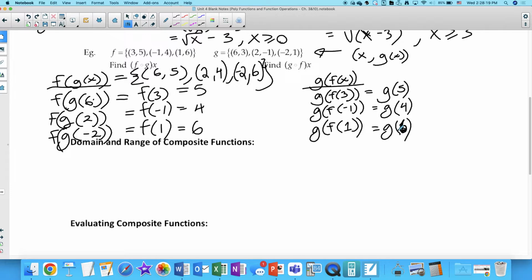Doesn't exist, because this function g of x only has 3 x values in its domain, and 5 is not one of them. So this does not exist. Okay, g of 4. 4 is also not within the domain of g of x. So this also does not exist.